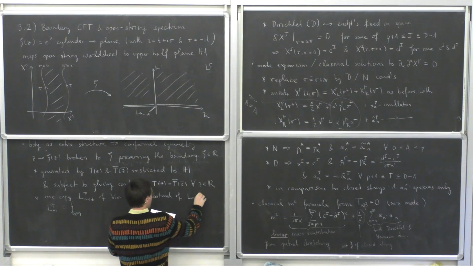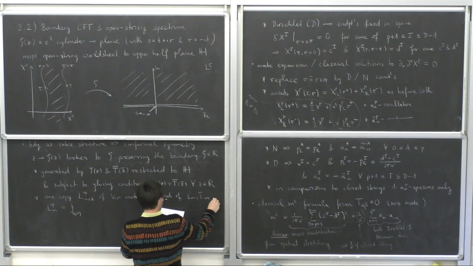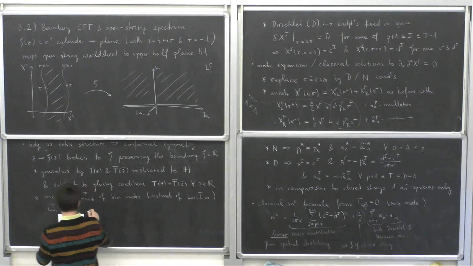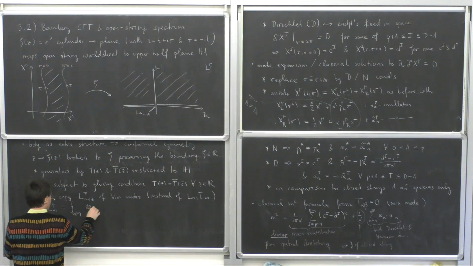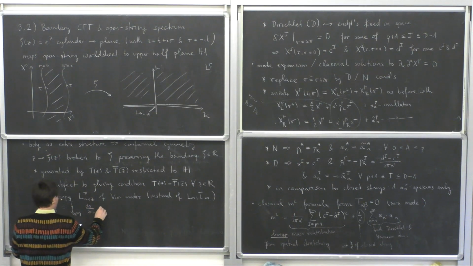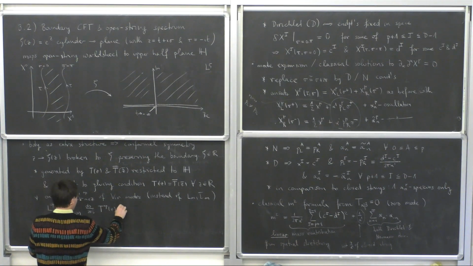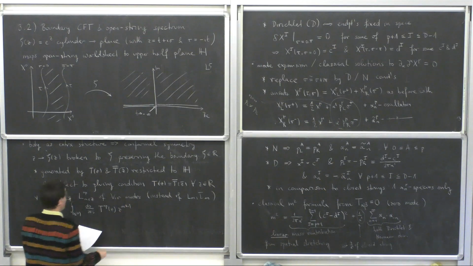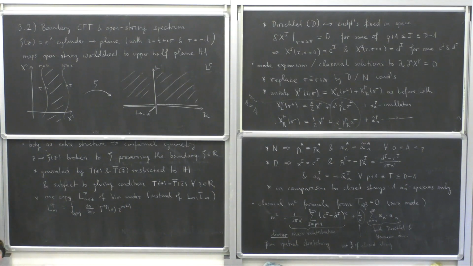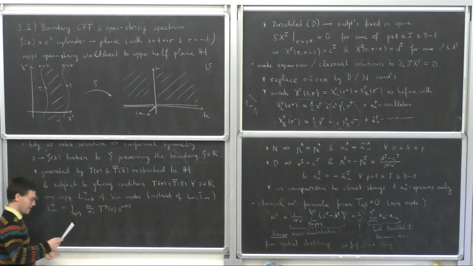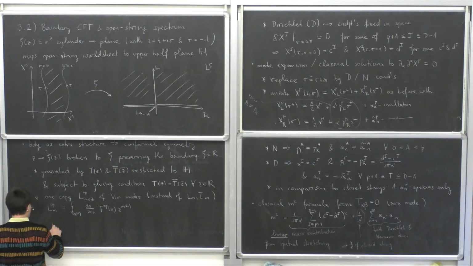And for both of L and L bar, there was a contour integral representation, and I will preserve its structure, but I must be very careful what I mean by the energy momentum tensor therein. So if you drop these funny superscripts for open, then it's on the nose the formula you saw in the closed string case. But now, what is this funny T open?